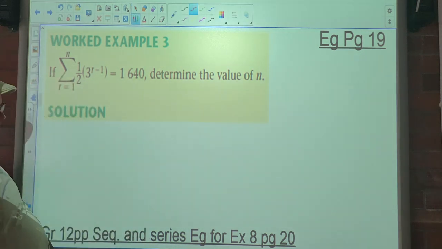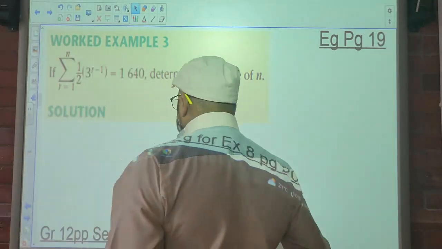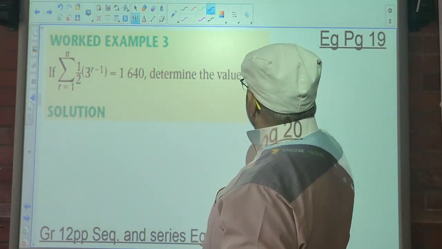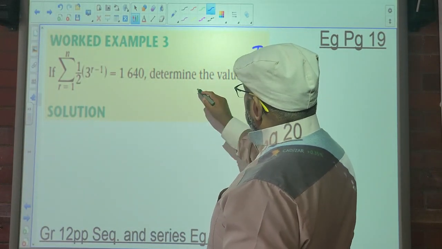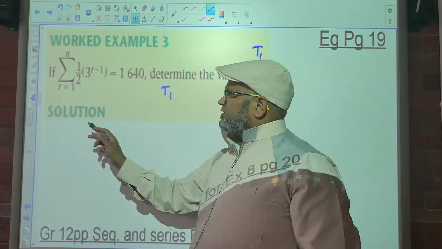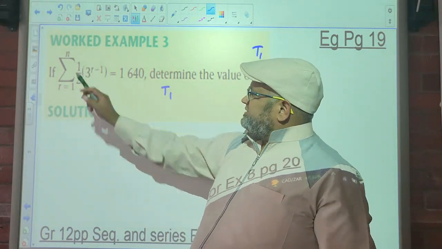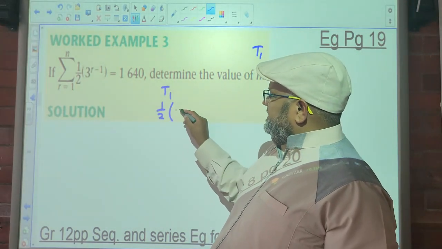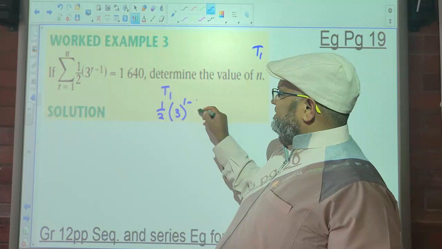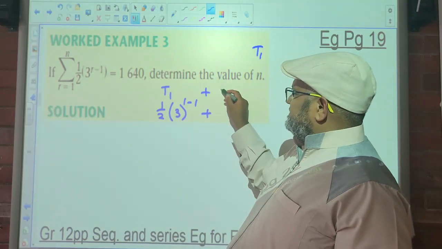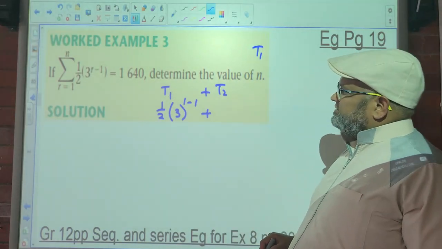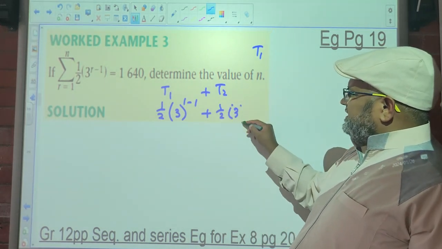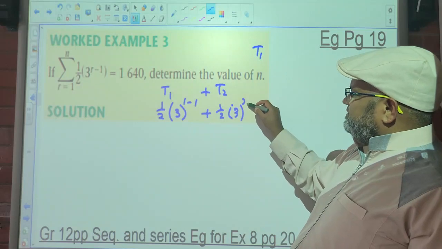So where do we start? We start with calculating the first 3 terms. So let's go with term 1. Let's start with r is 1. So what will that be? It will be half into 3 to the 1 minus 1. Term 2: half into 3 to the exponent 2 minus 1.